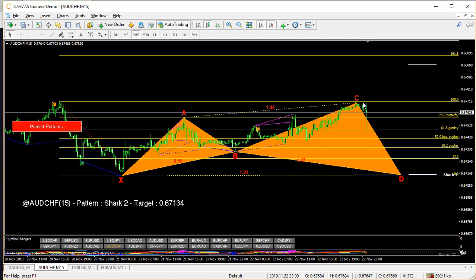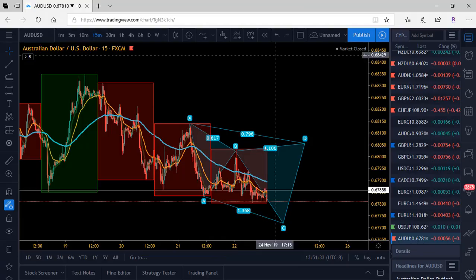So I'm anticipating for price to go higher than what it is at right now on that C point. Therefore, I'm gonna transfer this pattern into TradingView as a potential cipher.